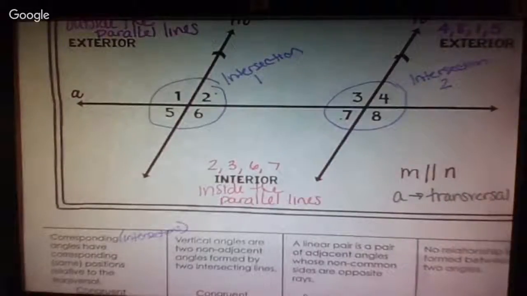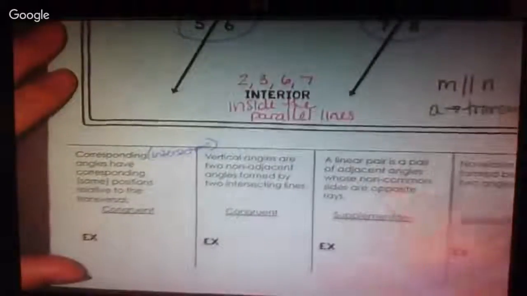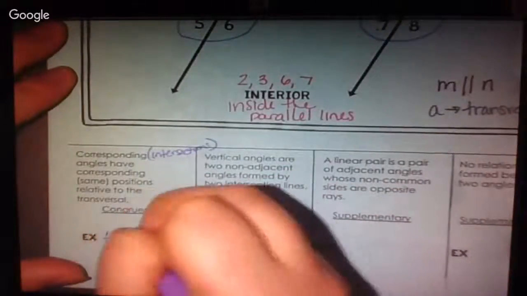If you look at intersection 1, and I tell you which angle is in the top left of intersection 1, what would you tell me? Okay. So if we're looking top left of intersection 1, that matches up with top left of intersection 2. So your corresponding angles are angle 1 and angle 3.